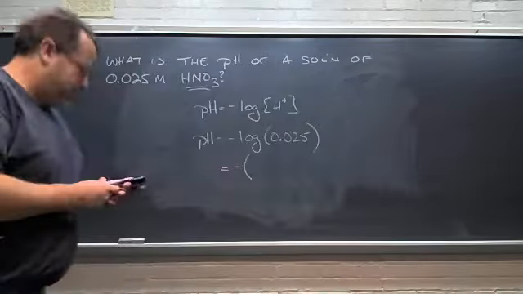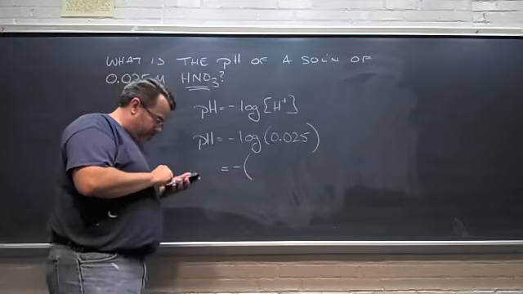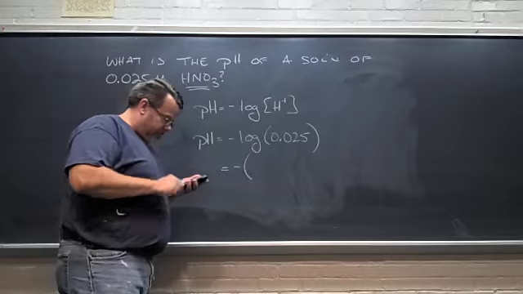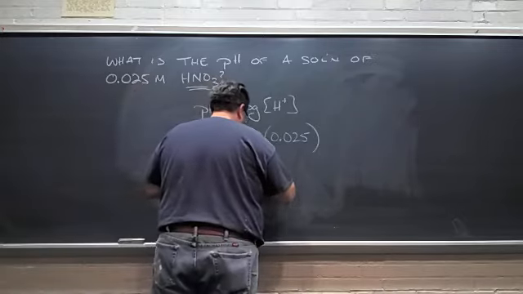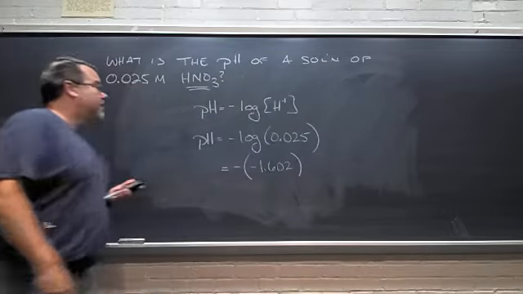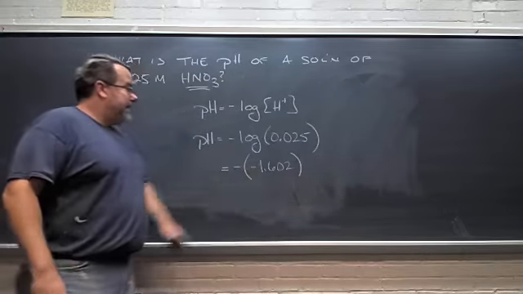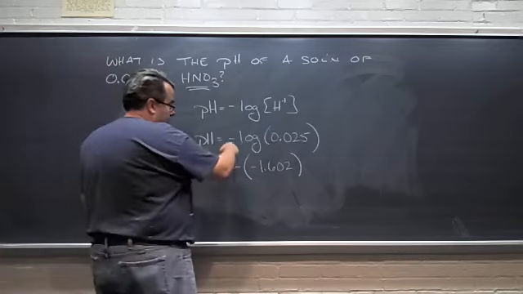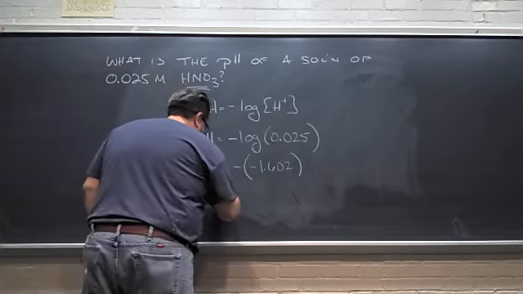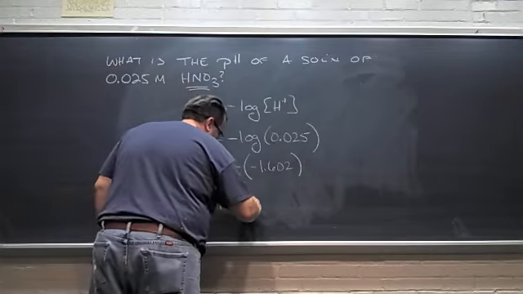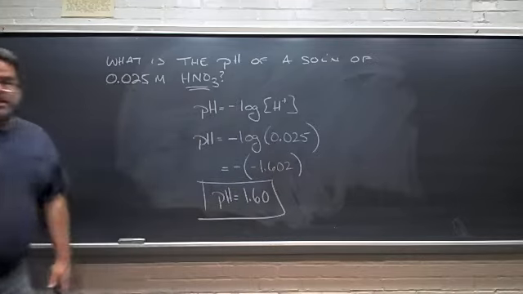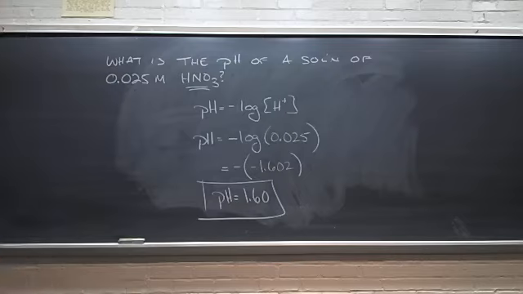So grab our calculator. The log of 0.025 is negative 1.602. The pH definition has a negative in it, so those two negatives cancel out. And so the pH is 1.6.